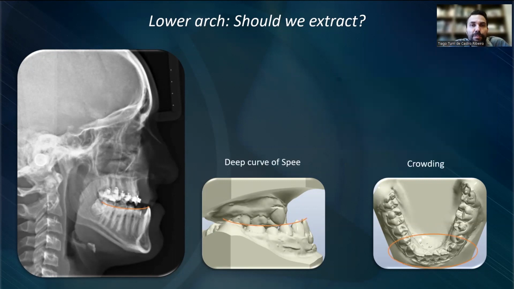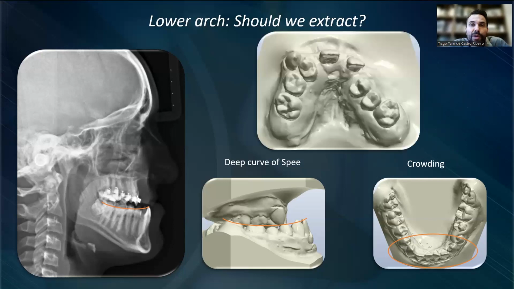In these UCLP patients, for example, there is a deep curve of Spee, moderate crowding, and a good possibility of working orthodontically without extractions, just with an improvement in the arch shape, maybe a little stripping, and a little protrusion.